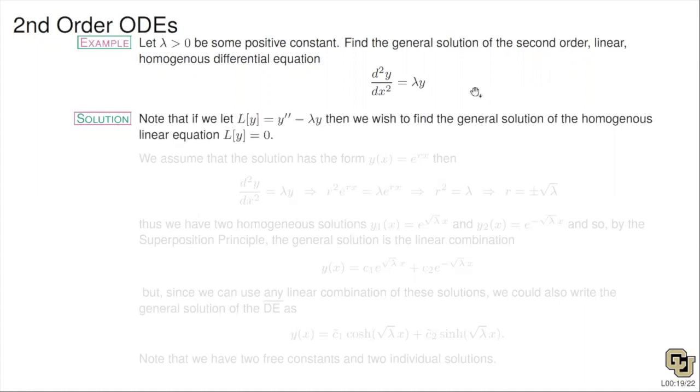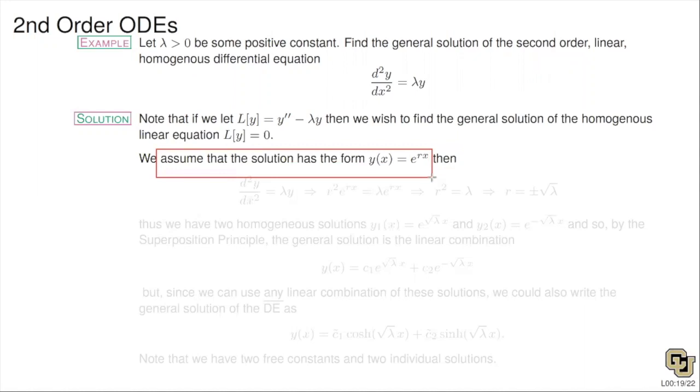Here, we want to solve this homogeneous equation, y double prime minus lambda y equal to 0. And so the first step is to assume the solution has the form y equal to e to the rx. And it's a perfectly natural question now to ask, hey, where'd you get y equal e to the rx?